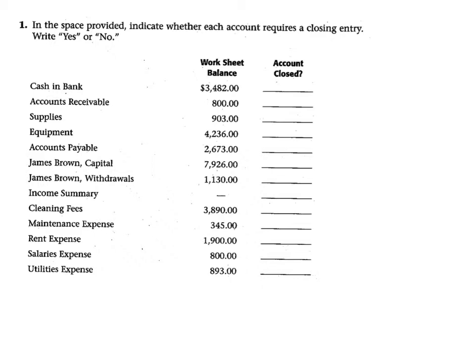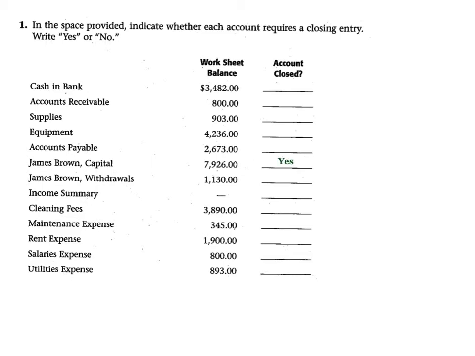So we go down through the list: cash in bank, accounts receivable, supplies, equipment. Those are all assets. Those are permanent accounts. They don't require a closing entry. Accounts payable, that's a liability, no closing entry there.